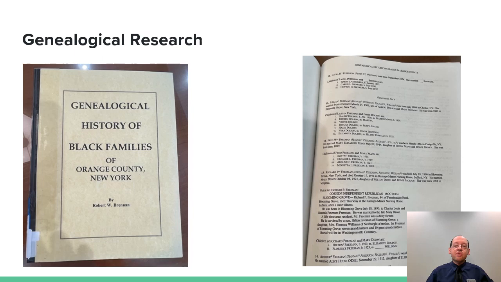Another really great resource, and this kind of ties into directories, which I mentioned earlier, which involve lists of names and people and where they lived, is genealogical research. These are published books that we have that relate not just to a specific family, but to families, meaning families that either live in the same geographic area, or might all be related to each other in some way.